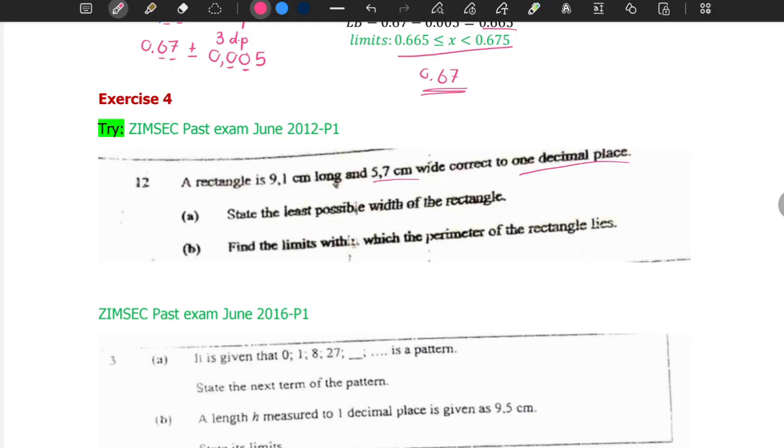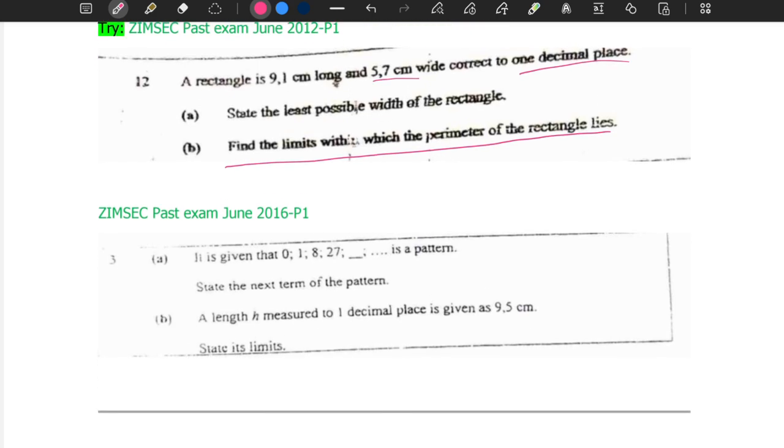So you have to find the limits by adding a second decimal place to say what's the range of the width. And then find the limits within which the perimeter of the rectangle lies. So you have to know the formula for finding the perimeter of a rectangle, and also know that the length and the width will both be within certain limits.